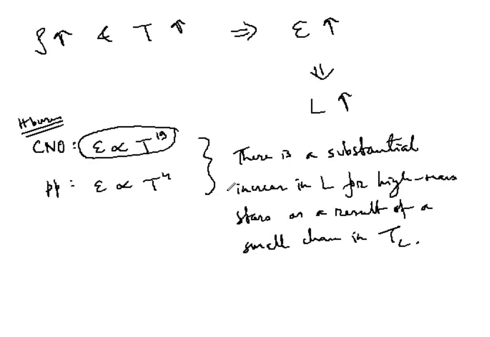Okay, let me give you a sort of demonstration through a simple discussion on an example. Now let us suppose that the core contraction associated with an increase in mu is homologous.